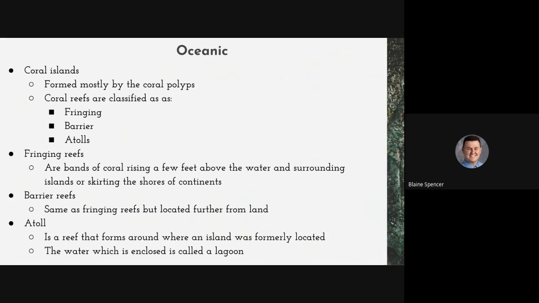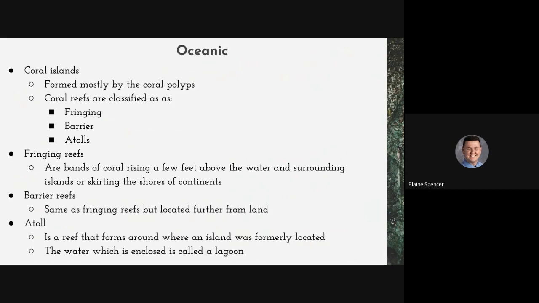These massive coral polyps are going to form basically an island of their own, out away from other landforms. Fringing reefs are coral that form part of an island that's already there, so it's going to surround another island and help create a larger island out of that existing island.